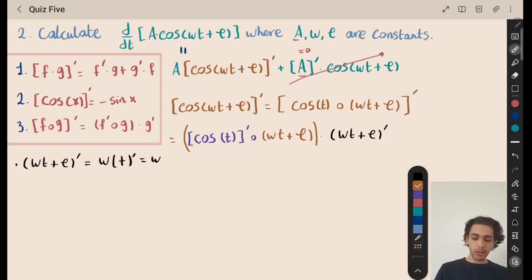Okay, everything's getting closer and closer. This purple part by number 2 is equal to the minus sine of t, but we still need to compose this with omega t plus phi, and then on the outside we multiply by the derivative, which in this case is omega. I'll put the minus outside.